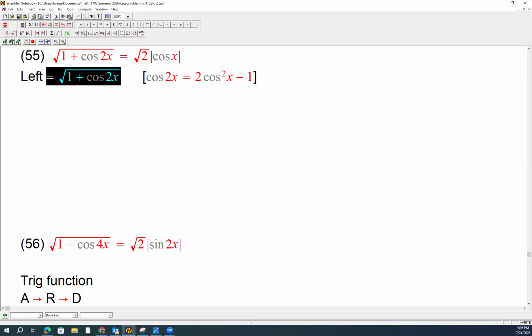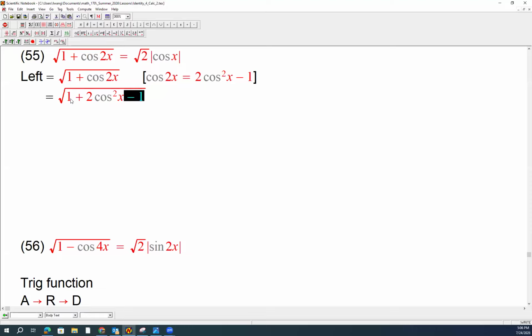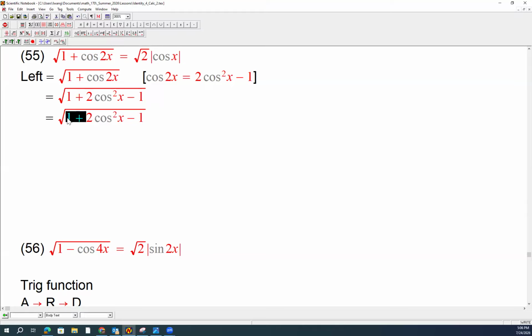Okay, so we're going to substitute cosine 2x by its equal. So 1 minus 1 will be making 0. So we only have just 2 times cosine squared left.